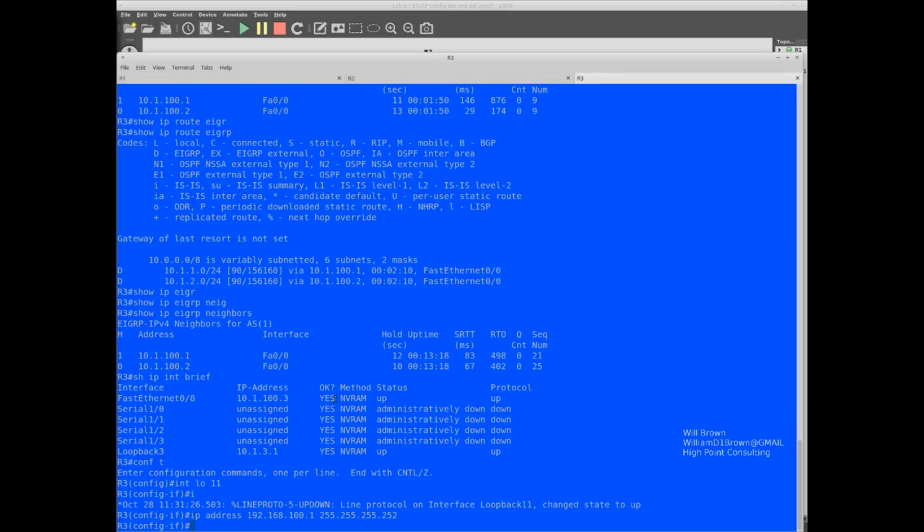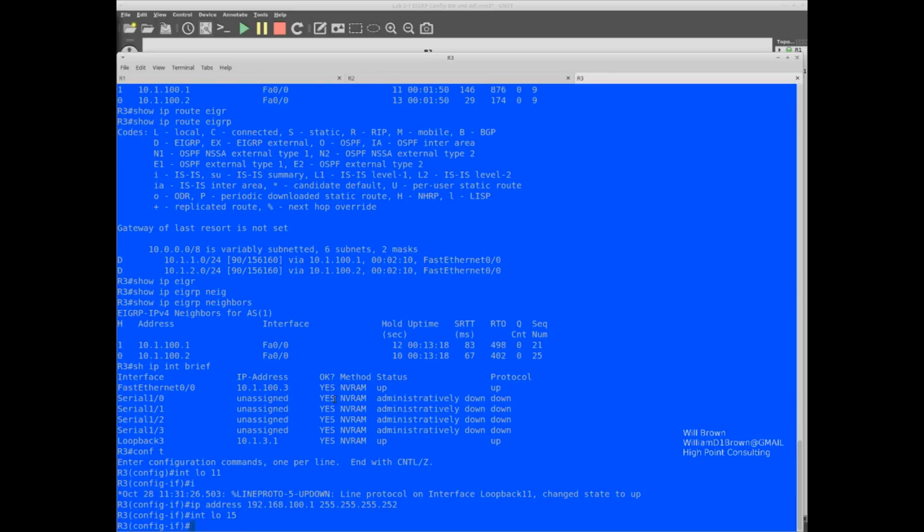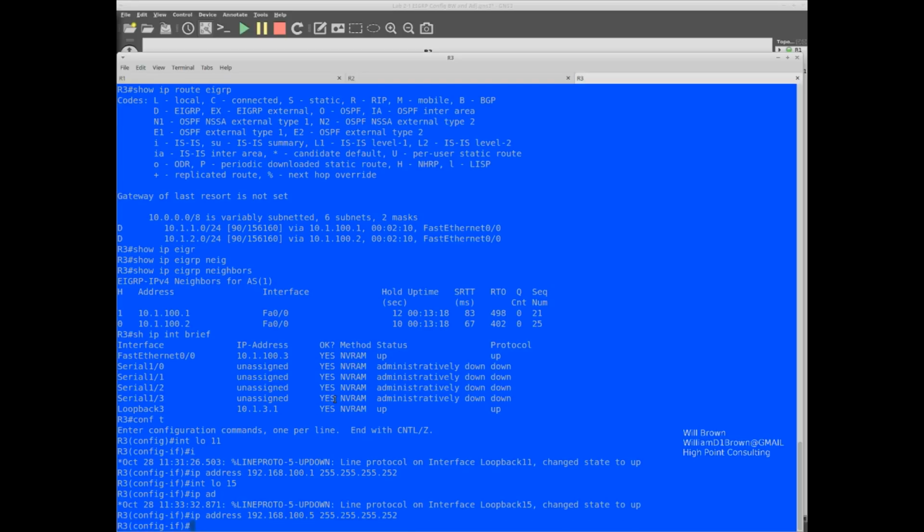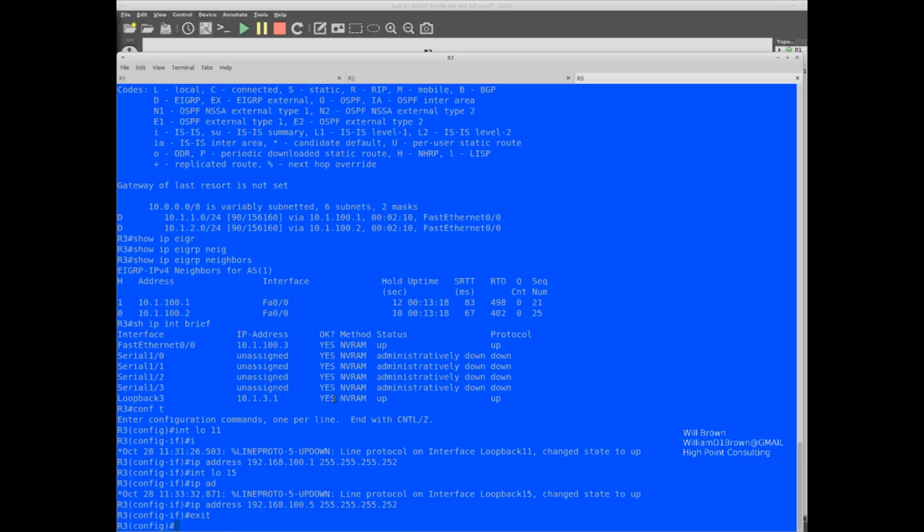Okay, so we've got that loopback interface on that one, and now we're going to say interface loopback 15, IP address 192.168.100.5, again giving it a /30 subnet, 255.255.255.252, and exit.